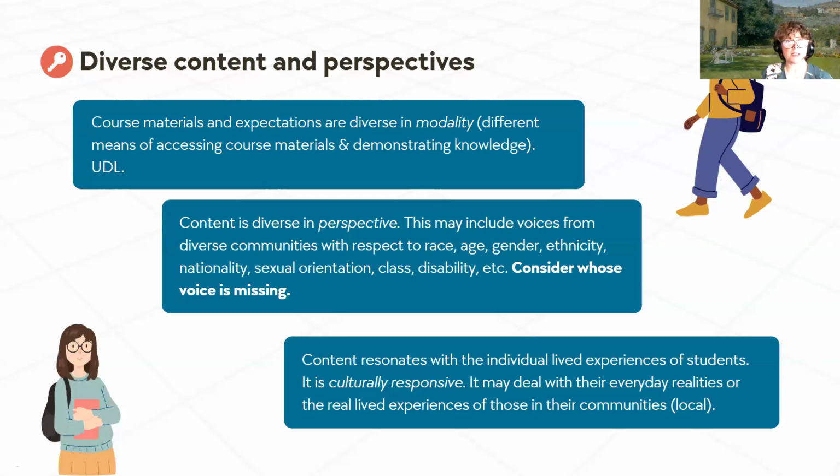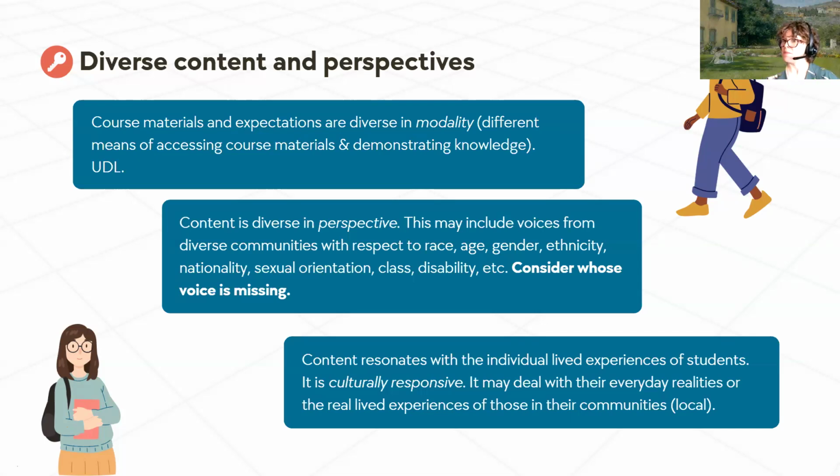Now, that's not always possible depending upon what you're teaching, right? But try to be culturally responsive whenever possible, and teach what relates to students' everyday realities or the real lived experiences of those in their communities. That could be a local issue or a local experience. And I think many of us do this already because we work at Rush, and Rush is very conscientious about serving the community in which we live and work.